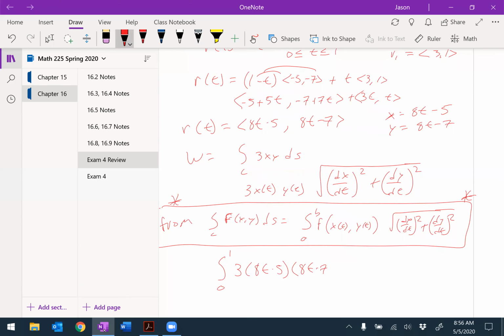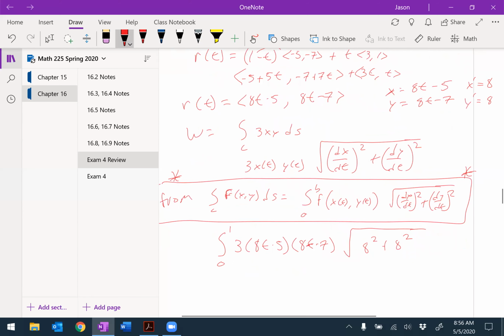8t minus 7. And then the square root: what are these primes? Take x prime with respect to t, and I get 8. And y prime with respect to t, I get 8. So this is 8 squared plus 8 squared, that's 2 times 8 squared.